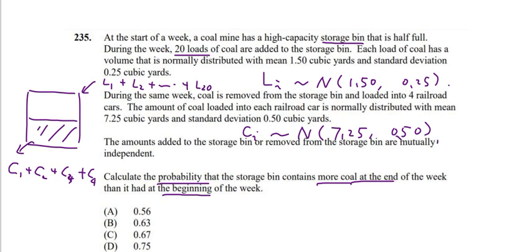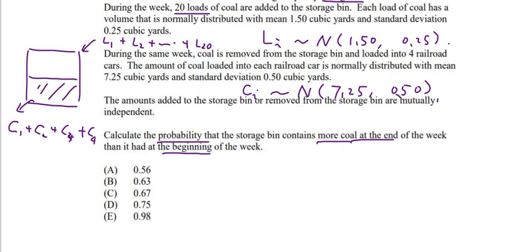So in this bin, some is added and some removed. So what we need to find is whether the amount added in is more than the amount removed out, right? We just want to find this.